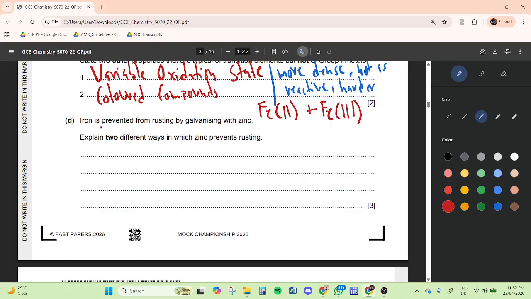So what you're first going to write is zinc forms a layer on top of iron.